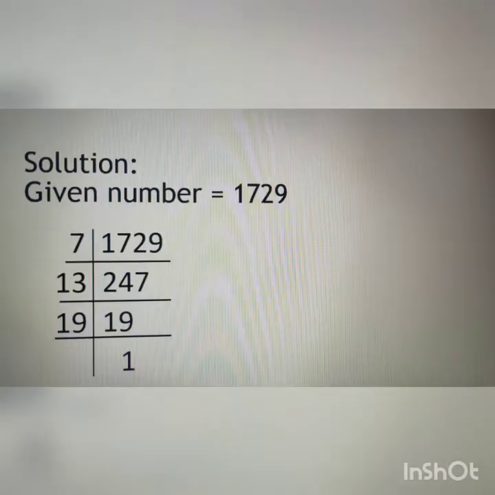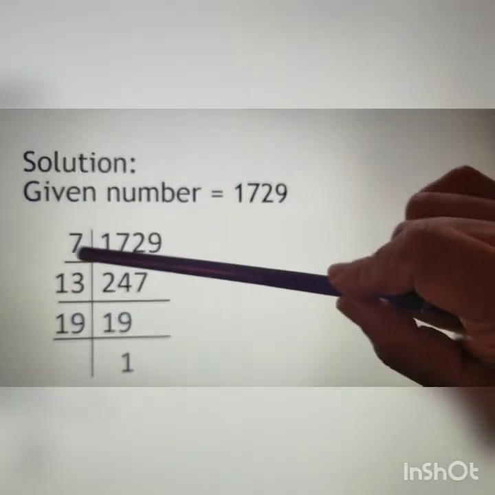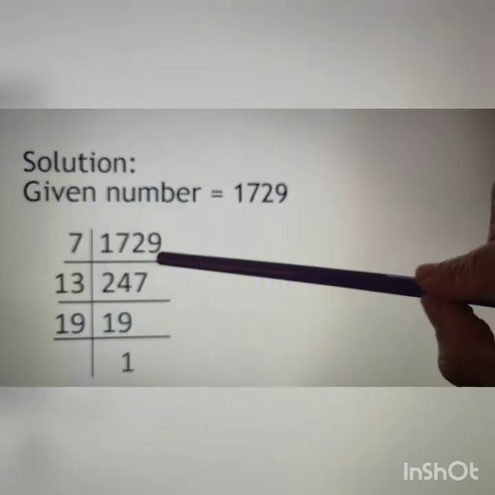Solution. The given number is 1729. We have to find out the prime factors. By the division method, we divide the given number by prime numbers. It is not divisible by 2, 3 and 5.